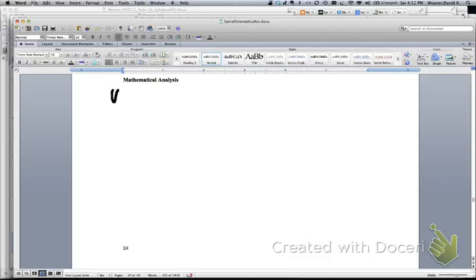So, we know that V2 is equal to V1 plus A12 times (T2 minus T1). We look and see if there are any things we can get rid of, and yep, we can get rid of time 1.